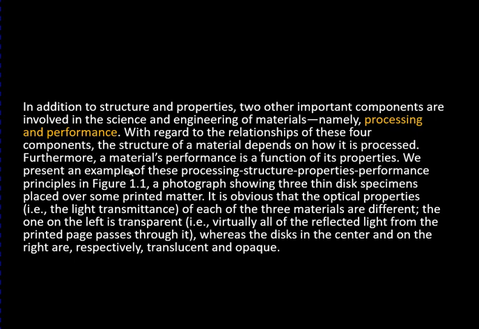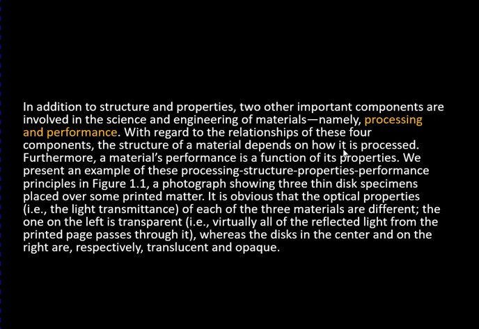Now, furthermore, a material's performance is a function of its properties, while the structure of a material depends on the processing of the material. Now let me go over it again.